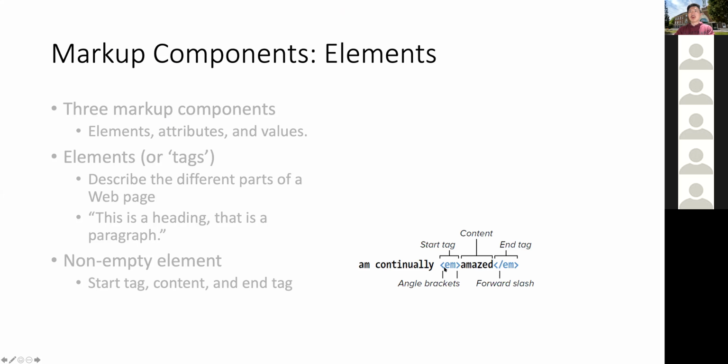Most tags always appear in pairs. So in this particular case, EM stands for emphasize. That means I want to emphasize the text in between. So the amazed will be emphasized. By default, that's shown as italic.